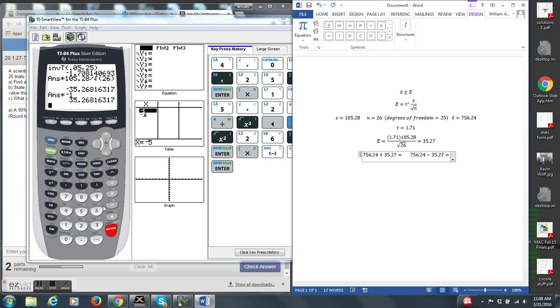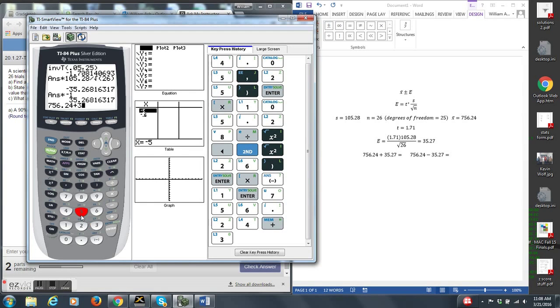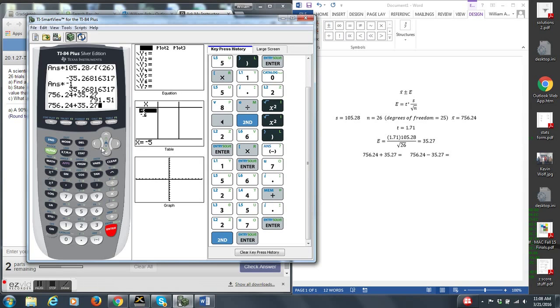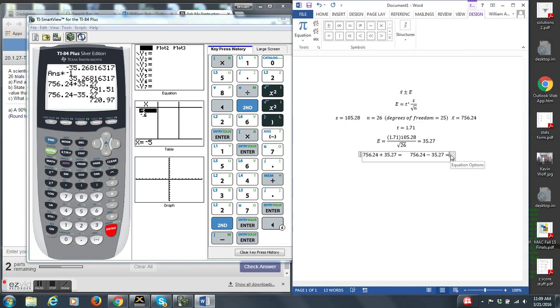And what do I get? 756.24 plus 35.27 is 791.51, and the minus is 720.97.